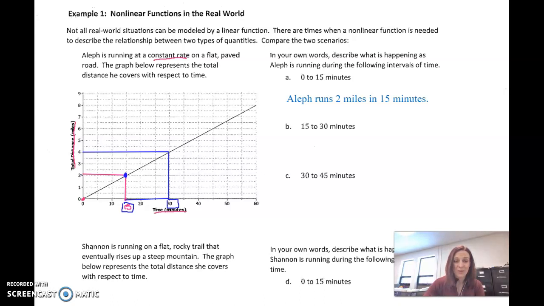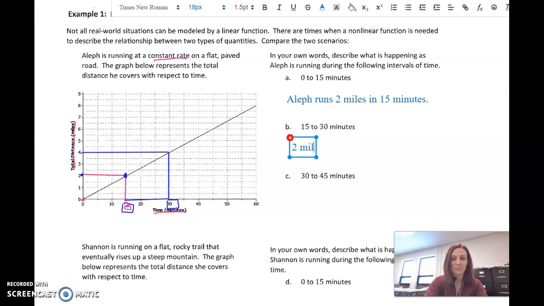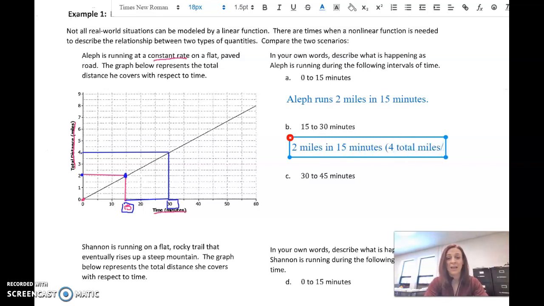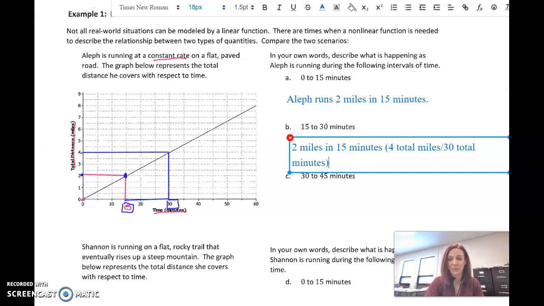If we're going from 2 right here to 4, he's running 2 miles. So we can say 2 miles in 15 minutes, which is 4 total miles and 30 total minutes. Right? Because if we just look from 0 to here, that's what's happening. But we only want the section from 15 to 30.